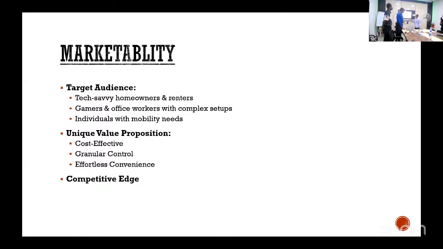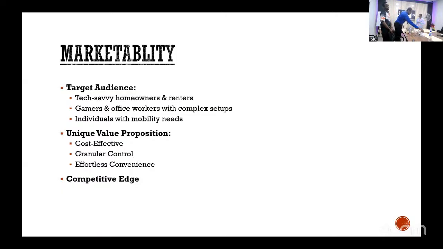Then we have individuals with mobility needs, who cannot easily move around and the rest.